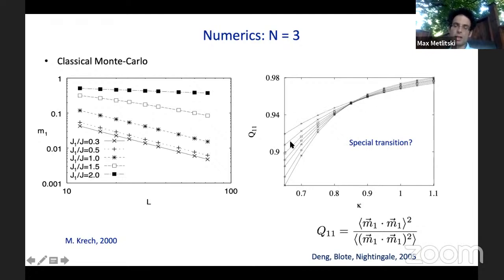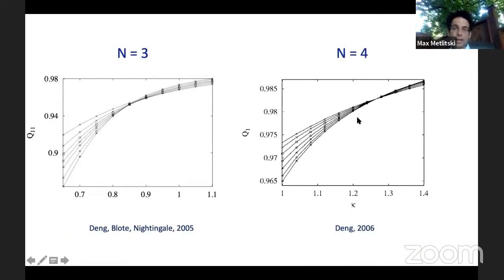So different curves here correspond to different system sizes, and such crossing indeed happens when you have a fixed point. So putatively there is a special transition here at this value of kappa, but they were not able to describe actually what happens on the large kappa side of that transition. What is kind of the extraordinary phase. Here's actually a study for n equal to 4. Again, there is a crossing point.